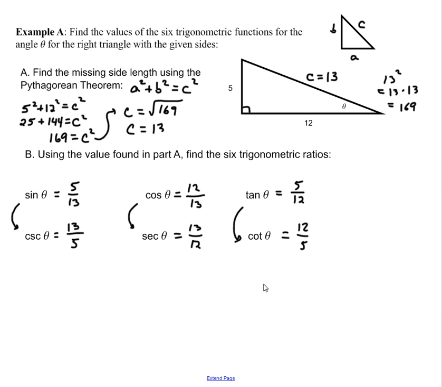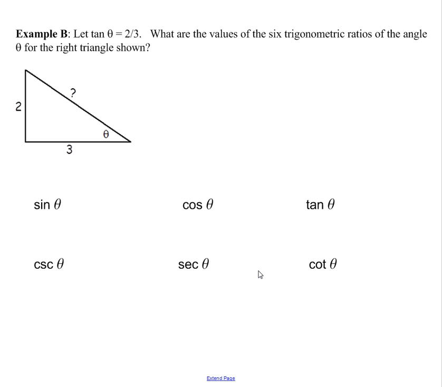Well, this one wasn't too bad. We got our values very quickly, but let's see what happens if we take this a little bit further. What about some numbers that we're not as familiar with? Following the same steps, we want to find the values of our 6 trigonometric ratios for the angle theta.